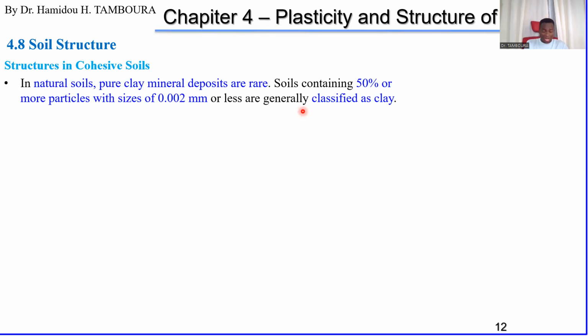We will see this classification deeply in the next chapter. Depending on the percentage of fines in the soil, you can classify it as clay. So if your soil contains 50% or more by weight of particles 0.002 millimeter or less, then your soil is classified as clay.